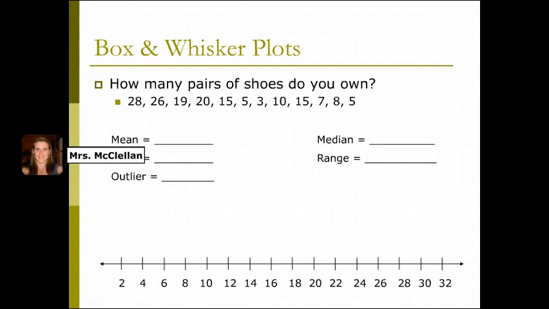Okay, so let's do another example of a box and whisker plot. This time we're going to use the number of pairs of shoes that you own. So first thing we have to do is organize from least to greatest.